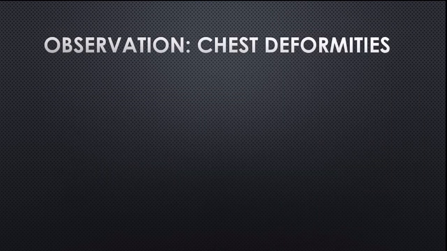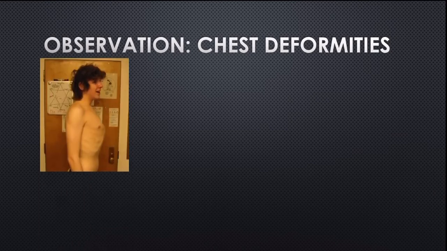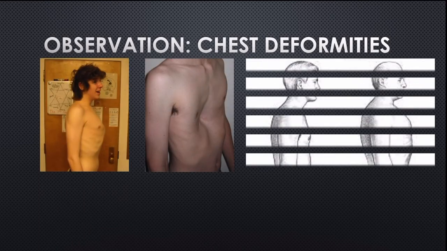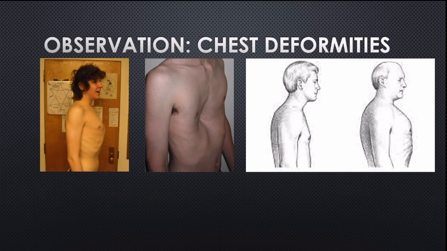Okay? So in addition to observation, we also should check for chest deformities. So we have 3 chest deformities here. First picture, you can see here the chest is somehow protruded like the breast of pigeons.